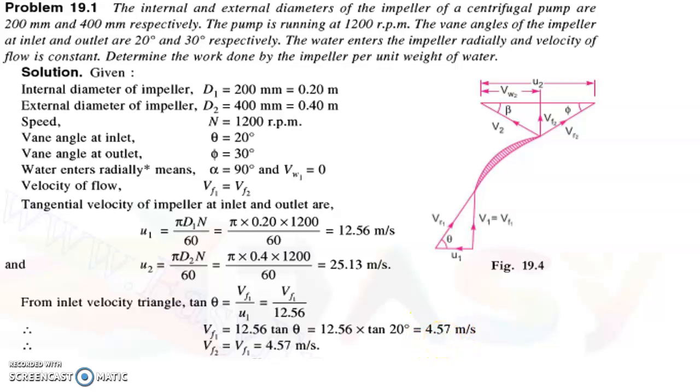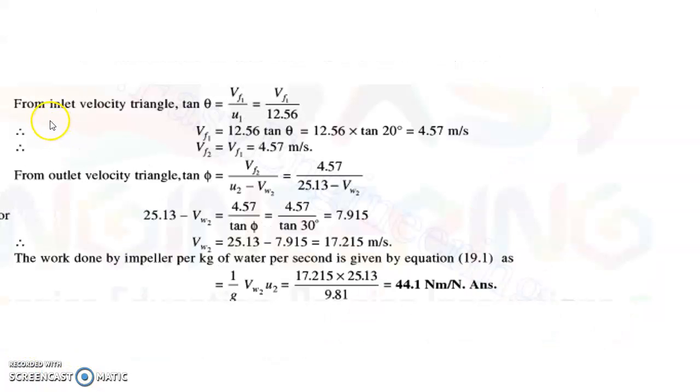So proceeding further. From the inlet velocity triangle, we have the value of tan theta, and already we have calculated this. In the last slide also the same thing was mentioned. So we got the value of VF2 is equal to VF1 and that is equal to 4.57 meter per second. Again we just apply trigonometry on the outlet velocity triangle, and tan phi will be equal to VF2 by U2 minus VW2.